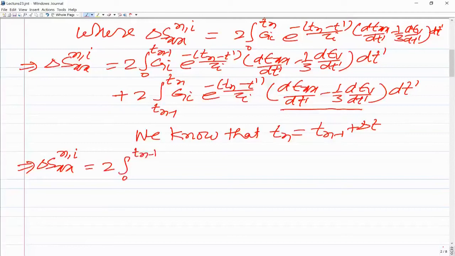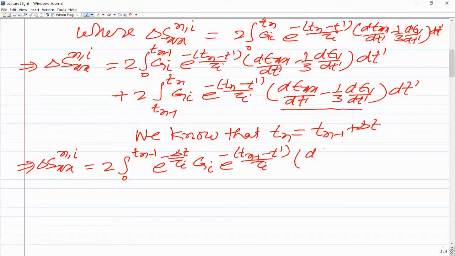So you will have e to the power minus delta t upon tau I as a common term, and then you will have gi e to the power minus (tn minus 1 minus t dash) upon tau I, and of course d of epsilon xx by dt dash minus 1/3 of d of epsilon v by dt dash into dt dash.